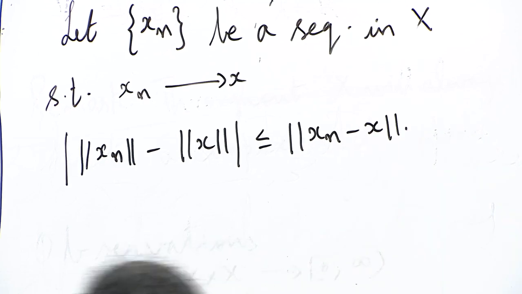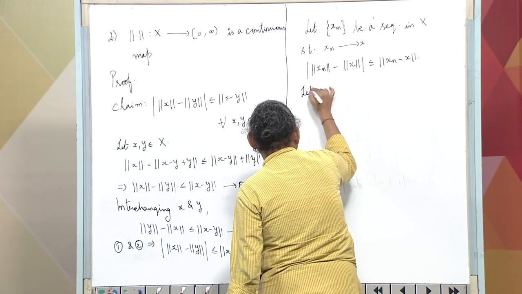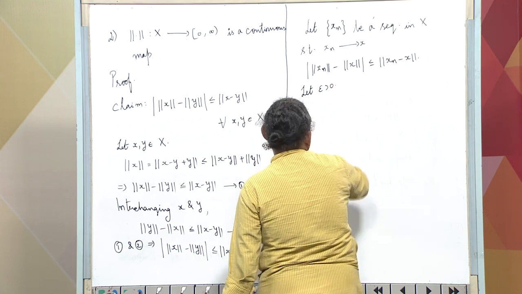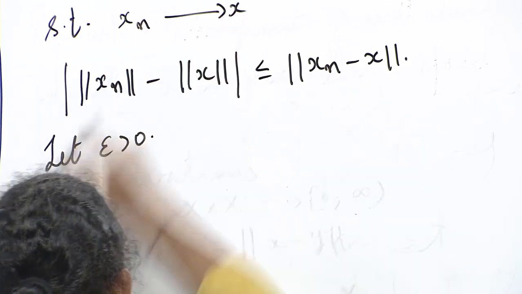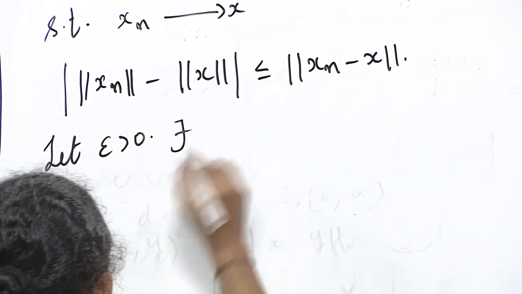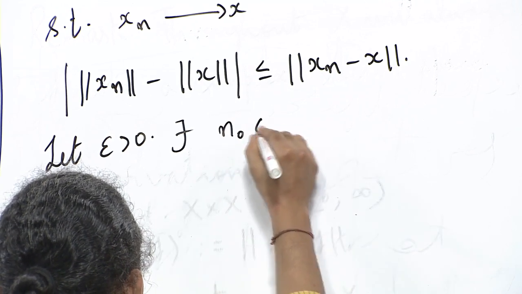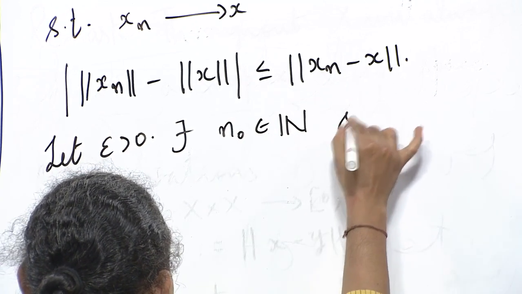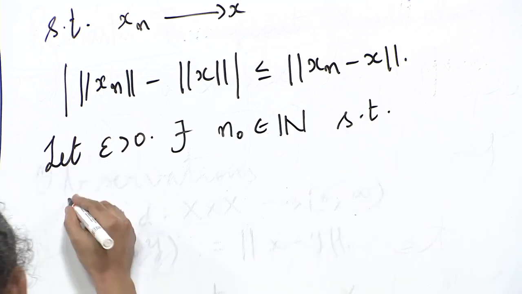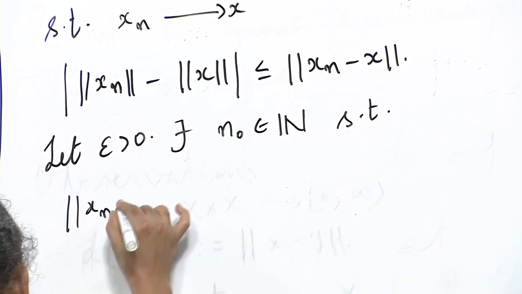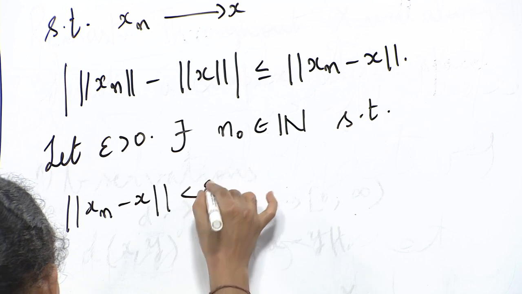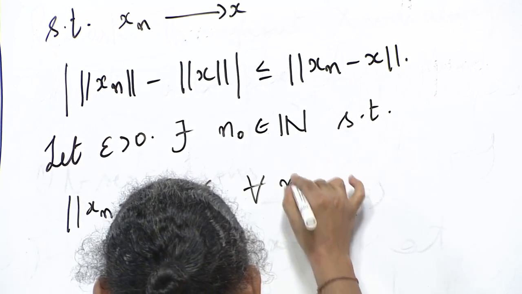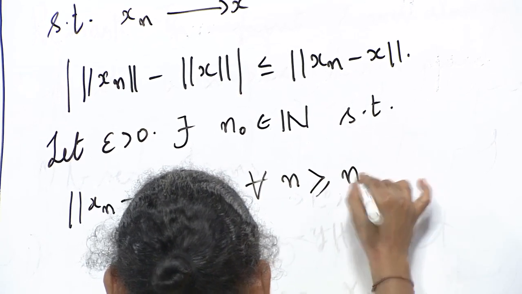So, let us start with an epsilon, let epsilon be greater than 0. Because x n converges to x, there exists n naught in N such that norm of x n minus x is less than epsilon for all n bigger than or equal to n naught.